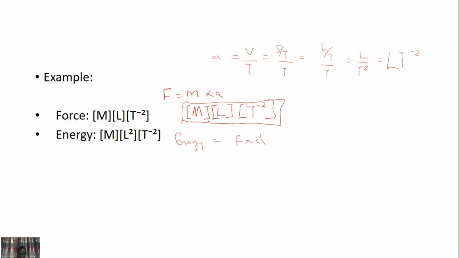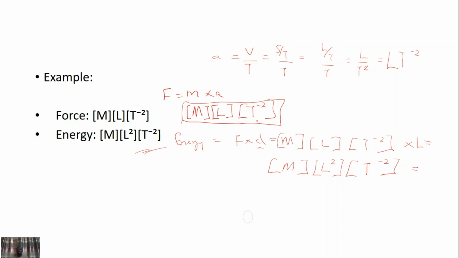Let's represent force here, which is equals to M L T raised to power minus 2, okay, times distance, which is also L, which is the letter that is used to represent it in dimensional analysis. So this will be equals to M L squared T raised to power minus 2. So that's how we got this.